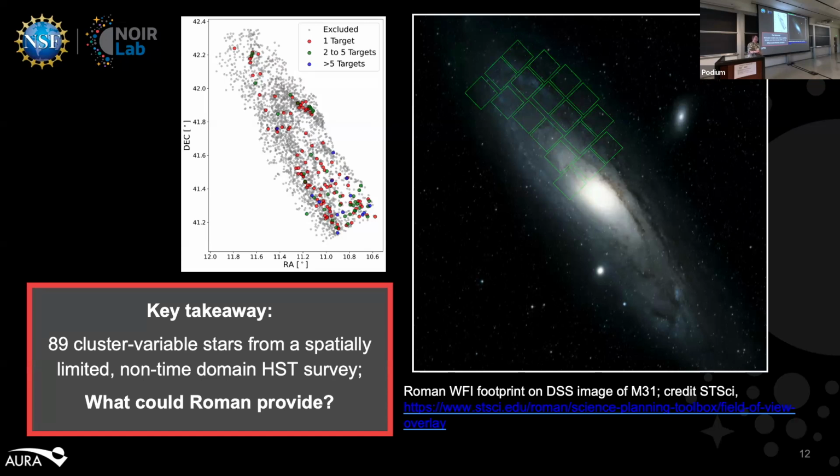Very interesting. Extragalactic variable star astronomy like this is just a lot of fun. One question is, if you were thinking about Roman, what kind of timescales, what kind of cadences would you be looking for? I would imagine these are pretty long period variables that you're looking at here. Yeah.